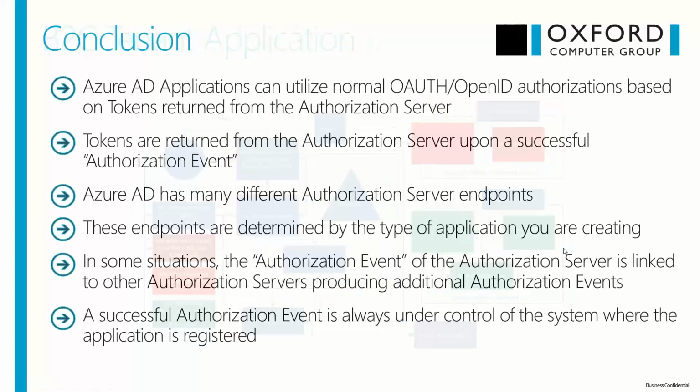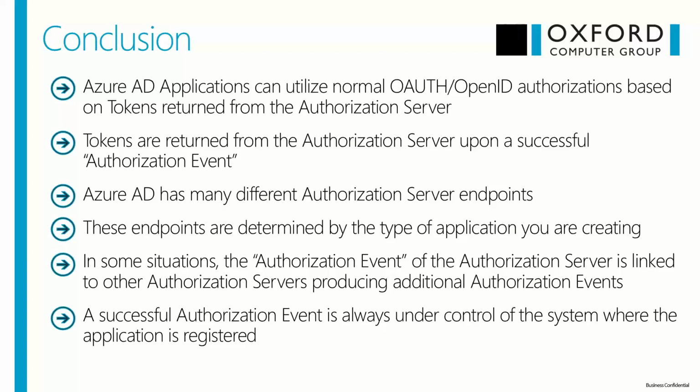So in conclusion, what I wanted to show you is the integration between modern protocols and Azure AD and how that security is enhanced by Azure AD. When you have Azure AD applications, they can either utilize the normal OAuth 2 OpenID Connect authorizations based on tokens, or you can also control it via the successful authorization events that you get back from your authorization server.